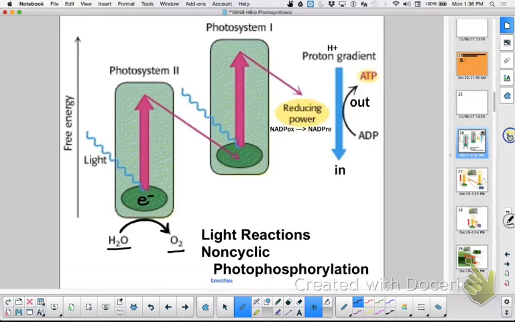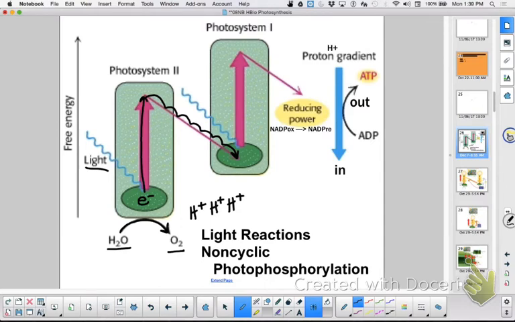Now as a result, you also start to build up a hydrogen ion gradient just like we saw before, which we can use to synthesize ATP. So I'll put a pin in that, I'll come back to it. The sun's energy is what gets the electrons excited so that they can go down an electron transport chain.